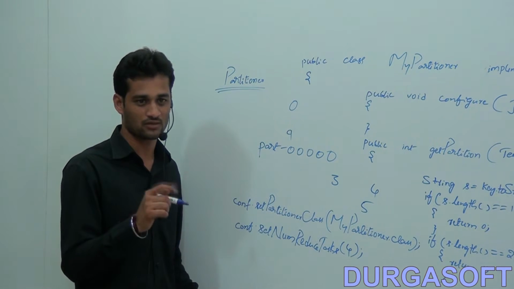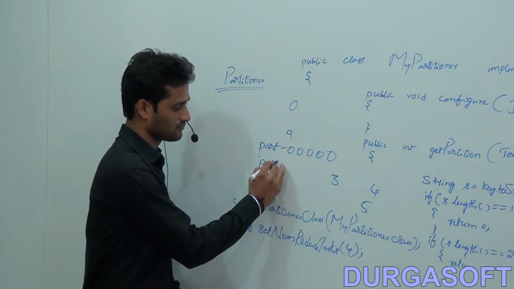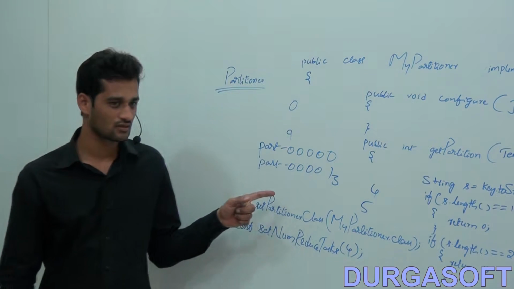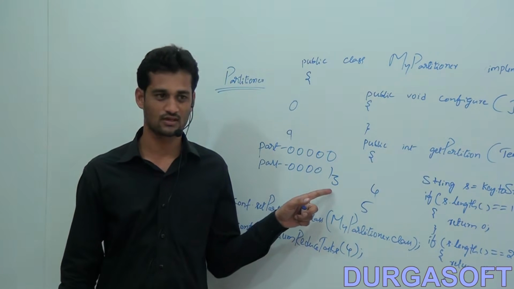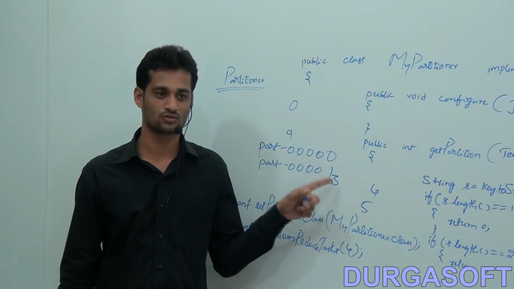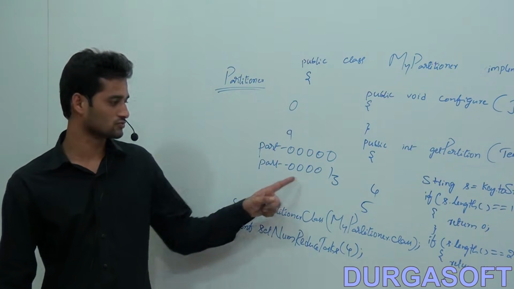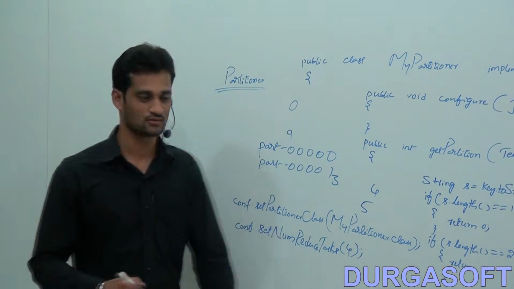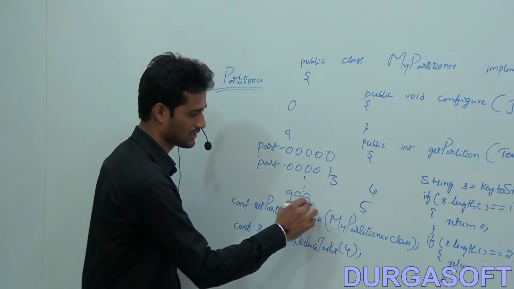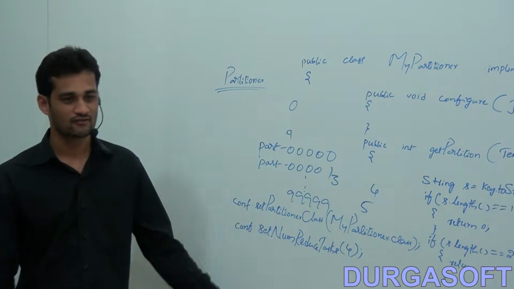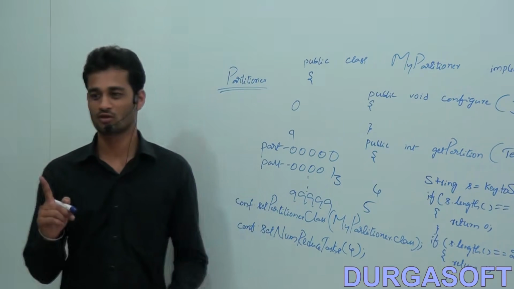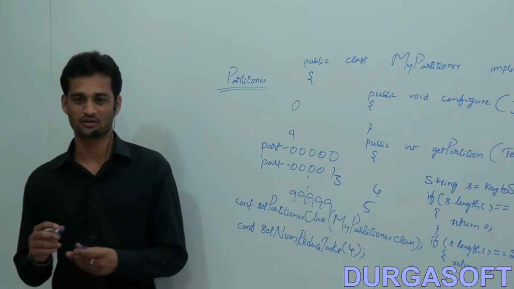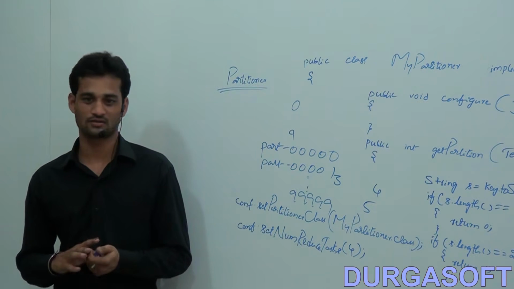If I am working with 2 reducers, then it gives part-r-00000 and part-r-00001, and so on, up to 99999. So 5 zeros to 5 nines means you can work with a maximum of 1 lakh reducers.